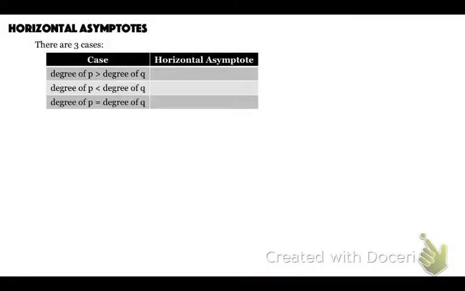So let's get into horizontal asymptotes. And there are 3 cases here. And it's always written as like f of x equals p of x over q of x. But p is the numerator, q is the denominator. Always. Anytime you see p in some sort of rational equation type of situation, p is always the numerator, q is always the denominator.